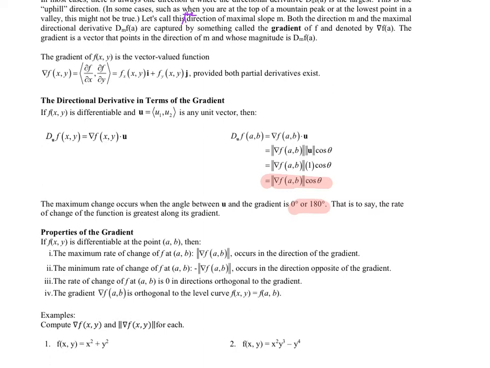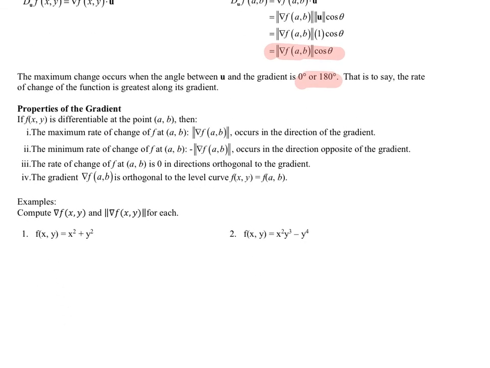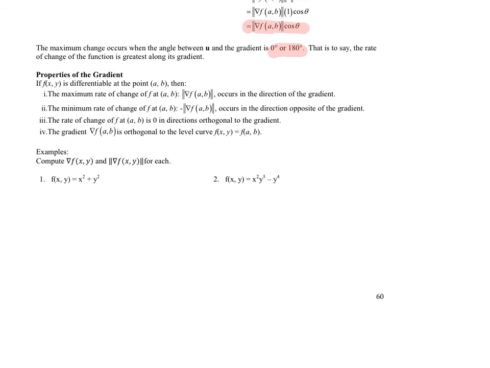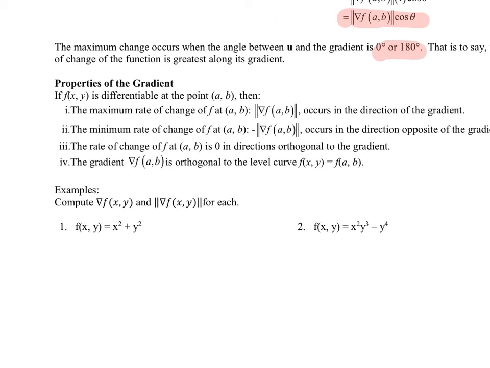That's where all these properties are coming from, and it's pretty useful to know. The examples aren't terrible, because it's just saying find the gradient and then the magnitude. We've already done this work.